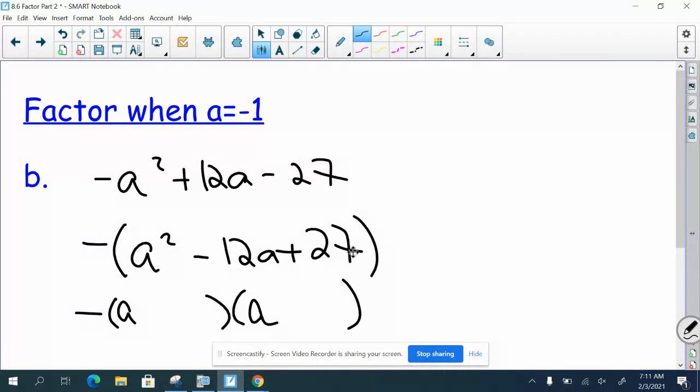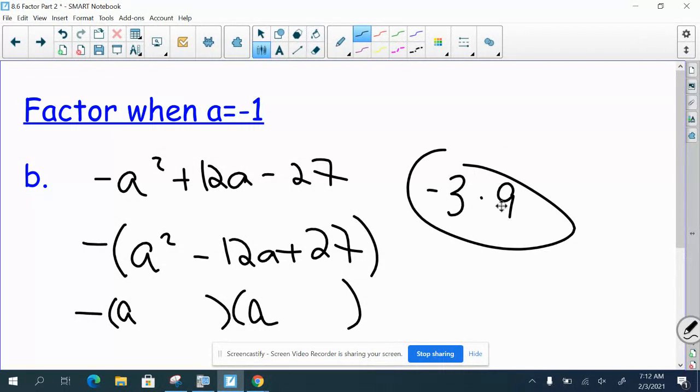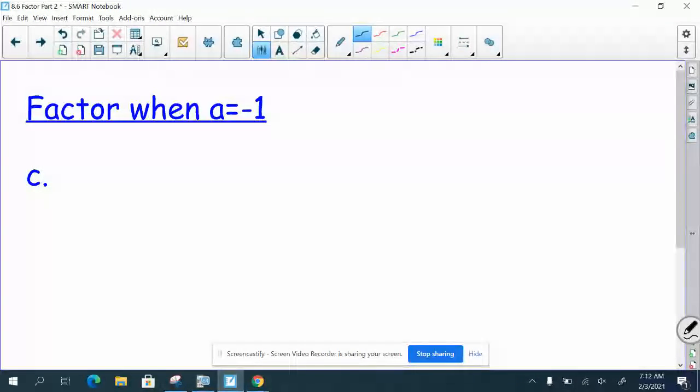And then what are factors of 27 that add to -12? Since it's positive 27, that means both numbers are going to be negative to get to -12. So would 3 and 9 work? That's a factor of 27. Yes, and they're both going to be negative. So -3, -9.